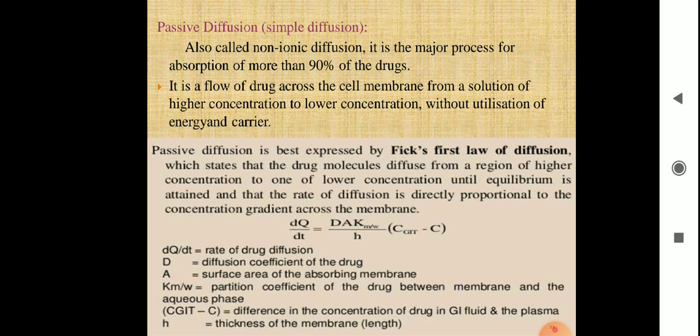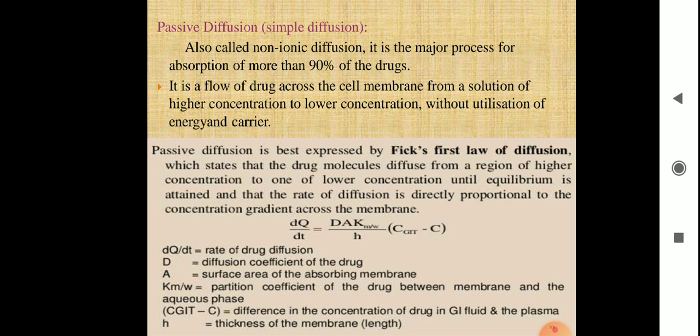It is the flow of the drug across the cell membrane from a solution of higher concentration to lower concentration, without utilization of energy and carrier. The drugs move across the cell membrane from higher concentration to lower concentration, and they do not use any energy or carrier for absorption.